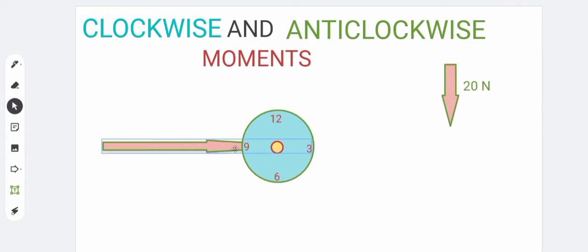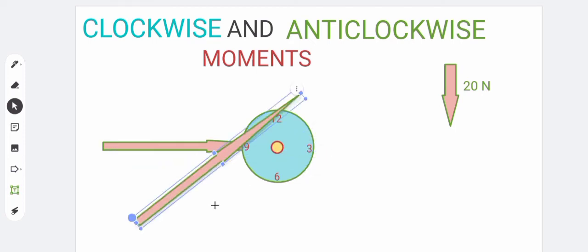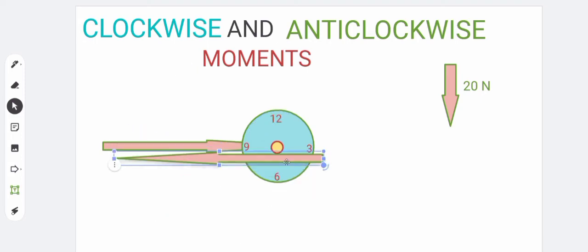Let me just do a duplicate of this and I will explain this better by having this on the other side. So if I have this on this other side, we'll rotate this other way. Okay.